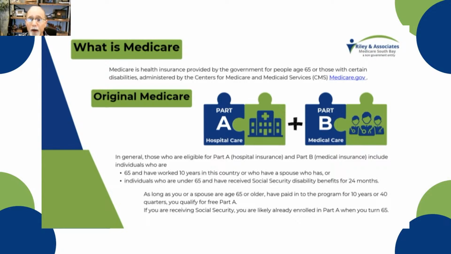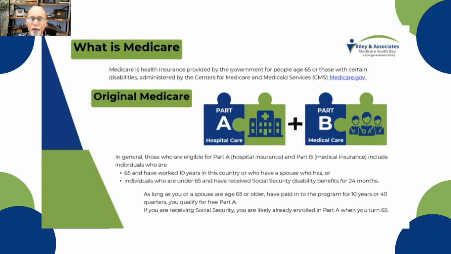Now, Medicare has 4 parts, but we're going to begin with Part A and Part B, also known as Original Medicare, because everyone has to sign up for Part A and Part B. So you're either going to enroll 2 to 3 months prior to your birthday month of your 65th birthday, or when you decide to retire and come off your large group plan.